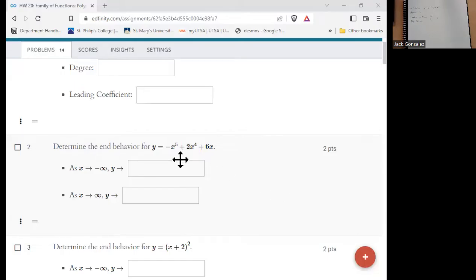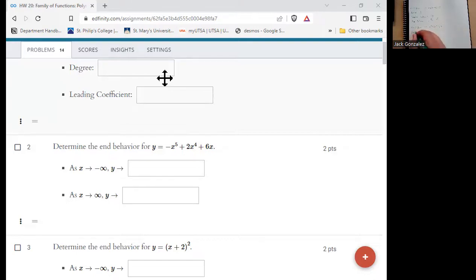So the degree is 5, correct? I'm just going to write down example 2 here. Given y equal to negative x to the 5th plus 2x to the 4th plus 6x.